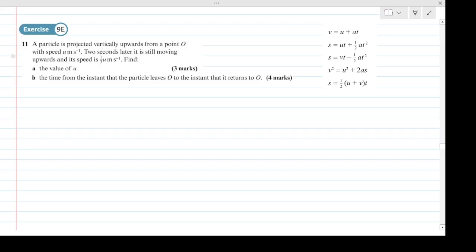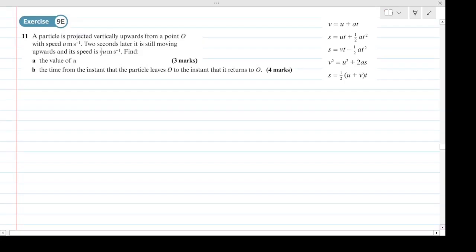Okay, so this question, we're told a particle is projected vertically upwards from a point O with speed u. 2 seconds later, it's still moving upwards. Again, let's draw what's going on. We start from this point O, the level O, and we have a particle that's moving up. Initially, it's moving up with speed u, and then we're told that 2 seconds later, so let's say it's up here now, it's still moving up with speed a third u.